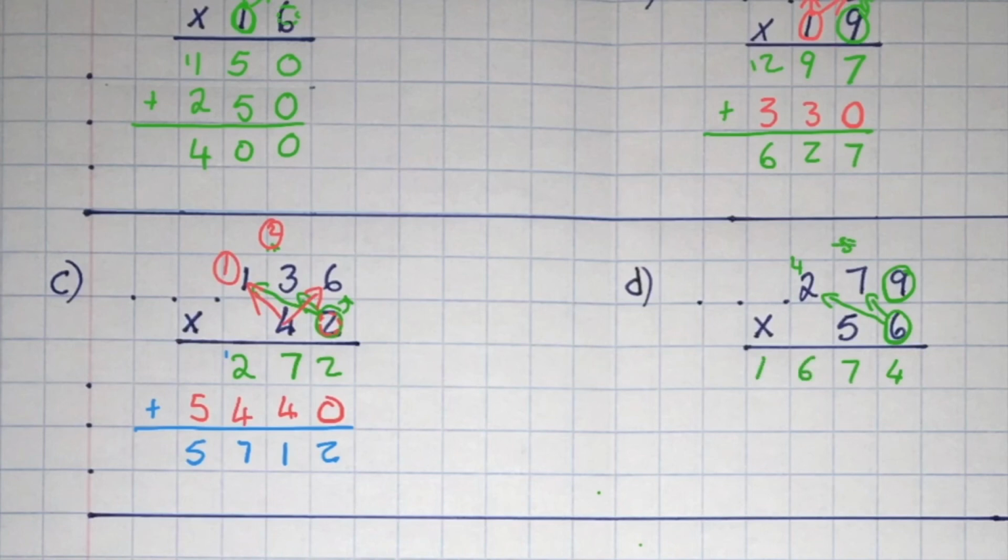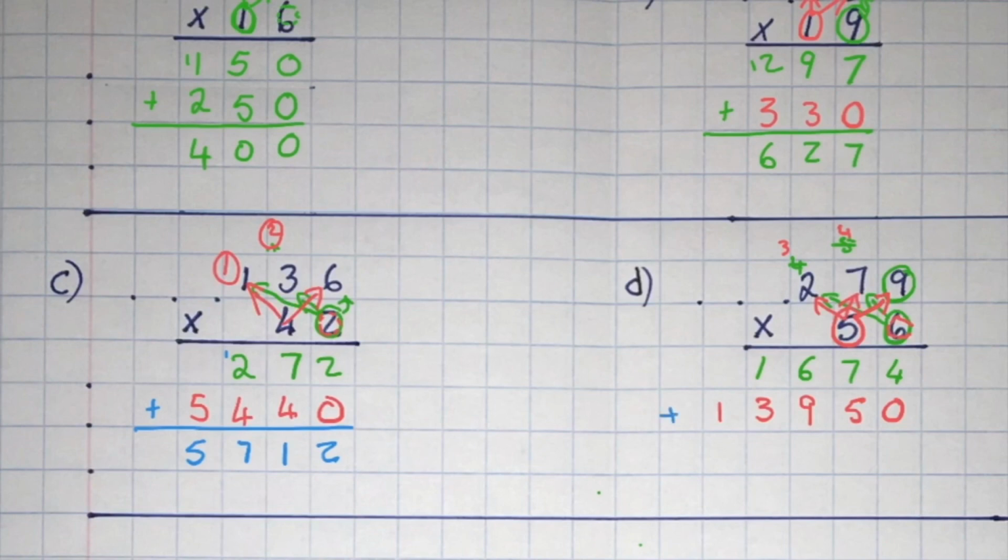Cross out your carry. Look for the 0 underneath the 6. And we start again. 5 times 9 is 45. Carry. 5 times 7 is 35, plus 4 is 39. 5 times 2 is 10 plus 3 is 13.